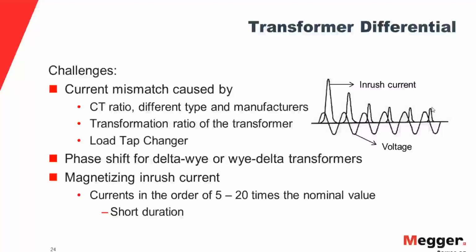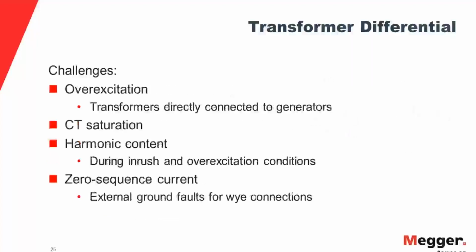The third challenge could be the magnetizing inrush current. Typically, when you charge a transformer, a good amount of current is taken by the excitation path of the transformer, and that current magnitude is about 5 to 20 times the nominal value. So when you charge the transformer, the system will see anywhere from 5 to 20 times the nominal values.